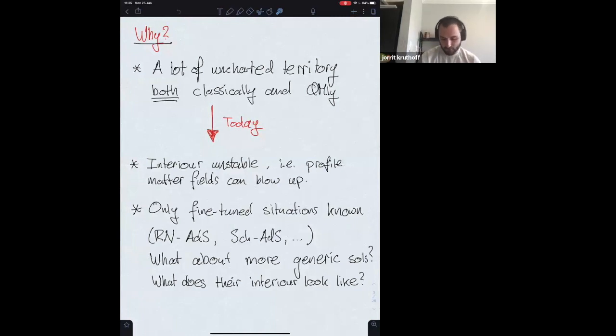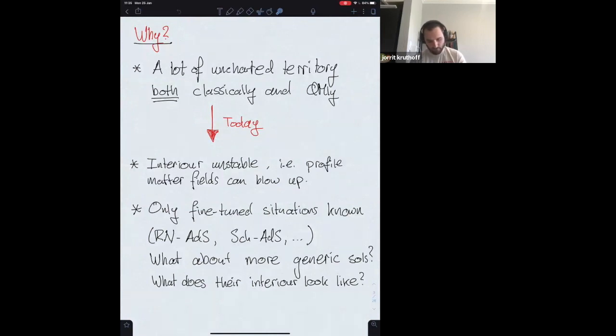The interior of a black hole is unstable, unlike the exterior. Say we have a scalar field. In the exterior, you just throw in some particles and not much changes. But in the interior, for common choices of matter fields, the scalar field can develop and blow up close to the singularity.